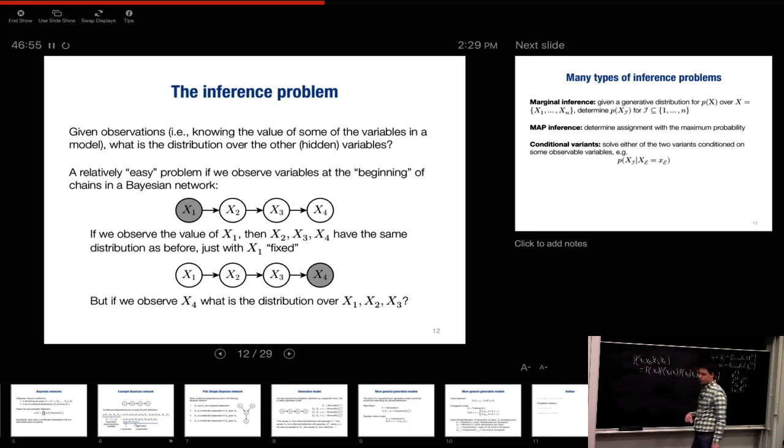Okay? And someone tells me what the value of x1 is. So how do I go about coming up with a description for what the distribution over the remaining variables is? Actually, does anyone want to hazard a guess on that?